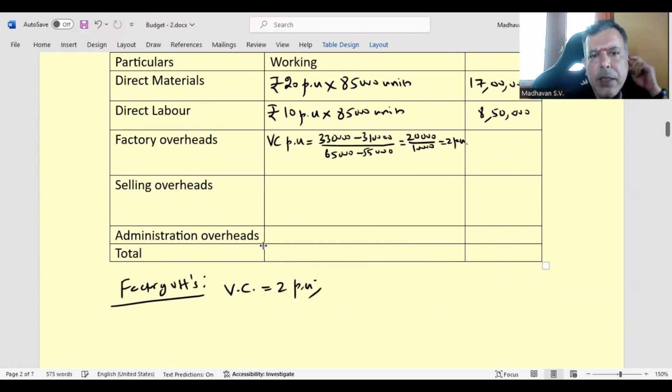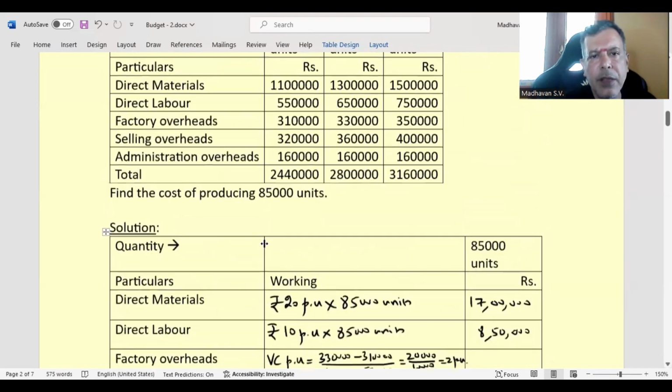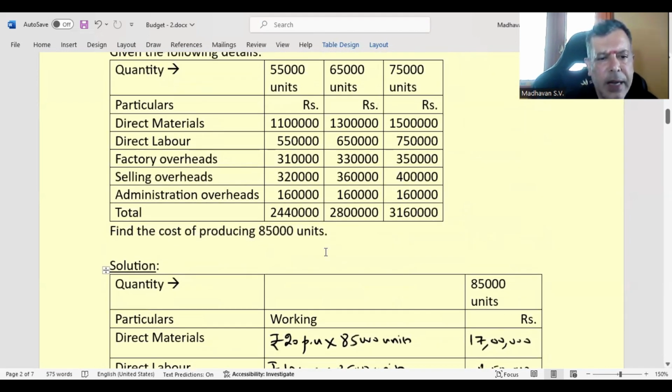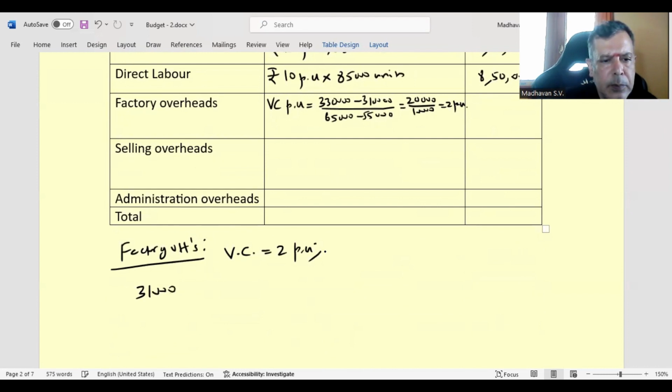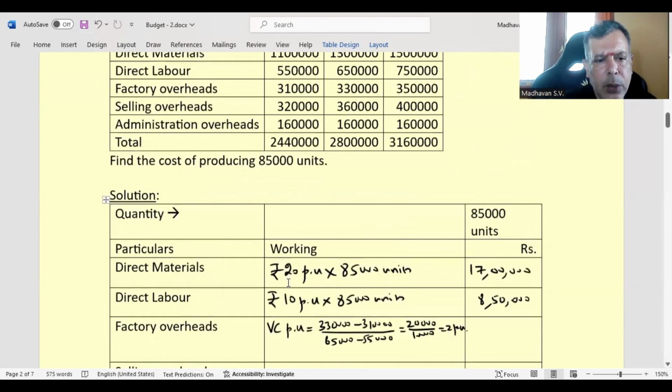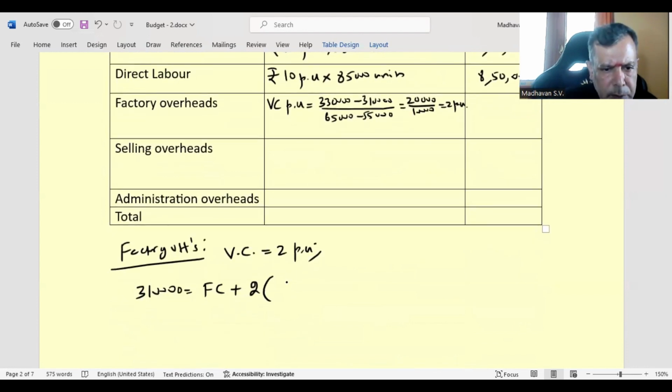Now let us find out the fixed cost. So total cost, if I consider 55,000, it is 3 lakh 10,000. It should be fixed cost plus variable cost per unit into the quantity. Quantity is 55,000 units. So that means our fixed cost will be 3 lakh 10,000 minus 110,000.